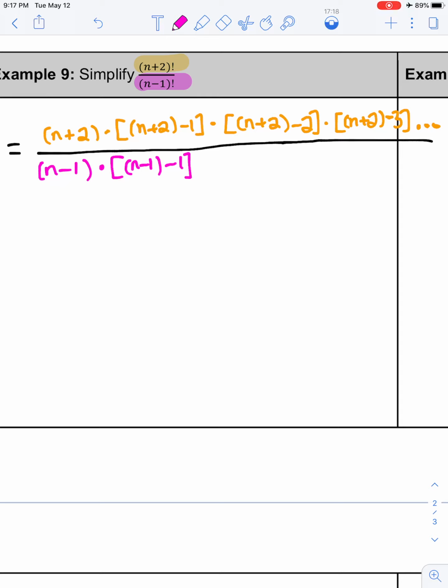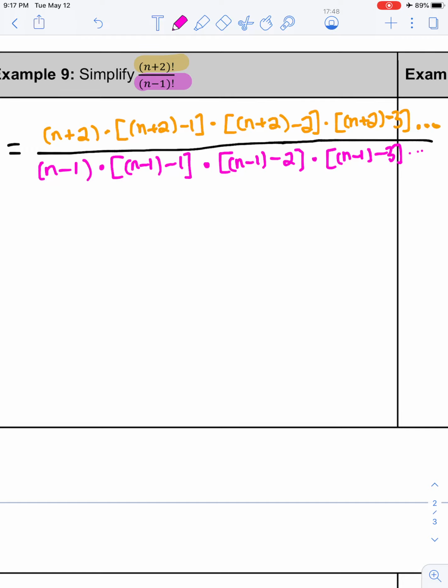Then I'm going to decrease the next factor by an additional 1, so I'm going to take the n minus 1 that I started with and subtract 2. Then, just to give myself a good visual, I'll do that one more time and say that this factor will be n minus 1 minus 3, and we'll tell ourselves that this continues indefinitely.